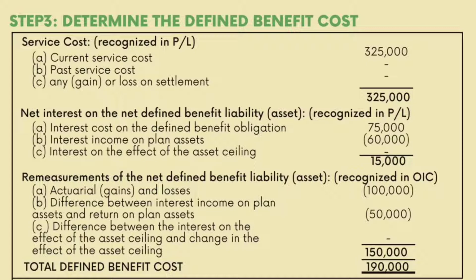So, yung total remeasurement is negative 150,000. Para makuha yung total defined benefit cost ay i-add lang natin yung service cost na 325,000, net interest on the net defined benefit liability na 15,000, at yung remeasurements na negative 150,000, na ang sagot ay 190,000.